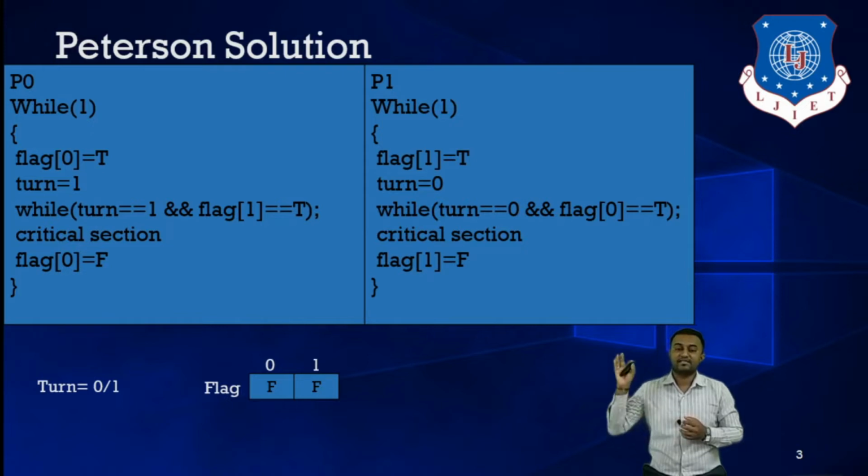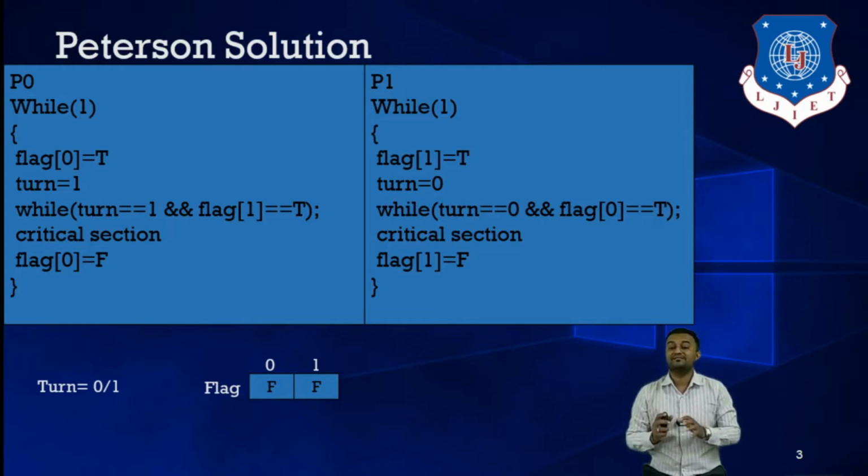Like, for example, the P0 process contains a set of code. Same way, the P1 process contains a set of code. So this is a Peterson solution code of two different processes. But how can we say that this solution is a valid solution to avoid the problem of the critical section?